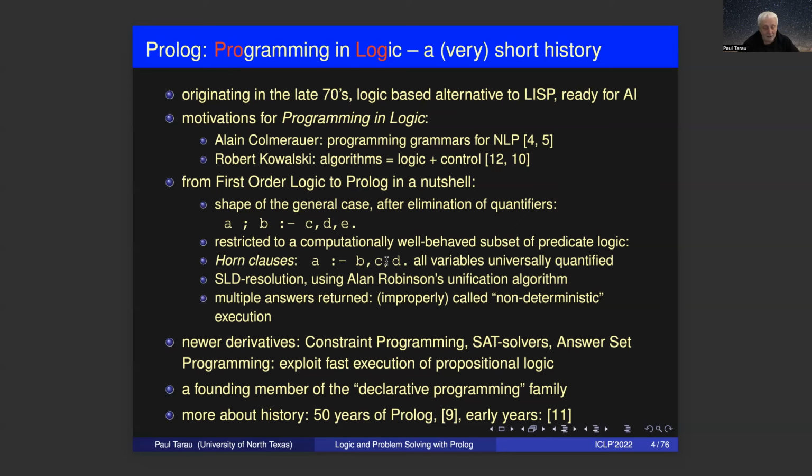The newer derivatives over the history are constraint programming, satisfiability solvers, and answer set programming, and as a common thread for the later ones, they exploit fast execution of propositional logic, and there is a grounding process from the Horn clause logic, and even sometimes richer logic, to execute in a reasonably accelerated way some specific problems.